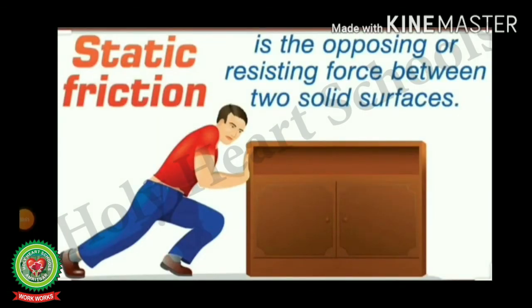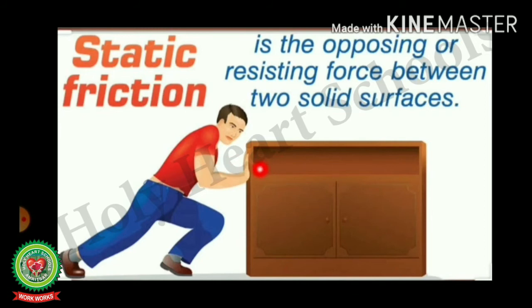First type is static friction. Static means body is at rest. Static friction is the opposing or resisting force between two solid surfaces. Resisting means which resist the motion, means to stop the motion. In this example, a boy pushes a box. This initial pull needs a lot of effort.